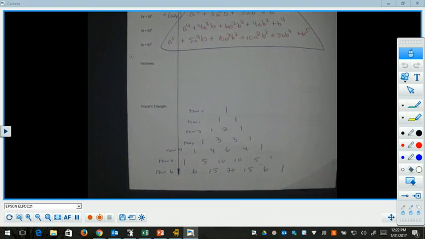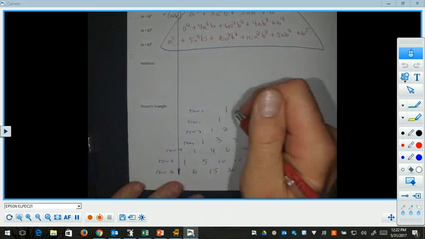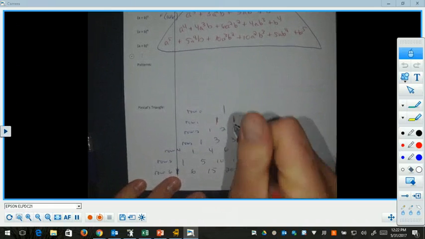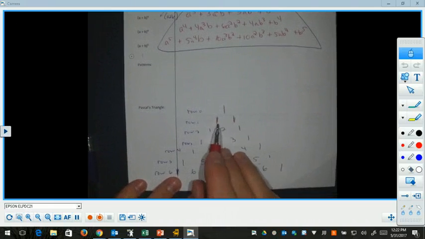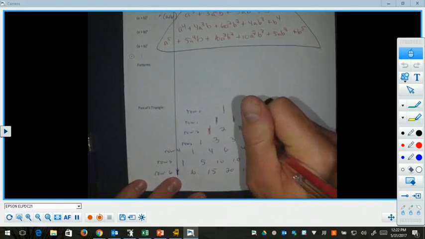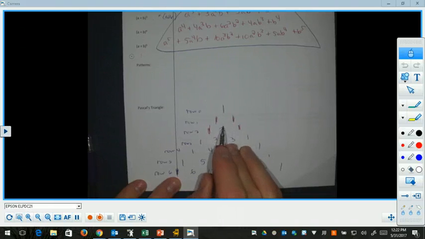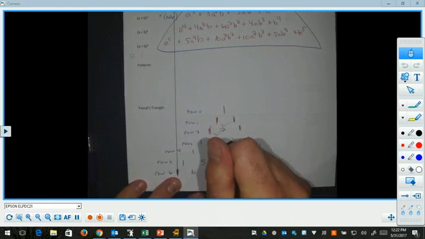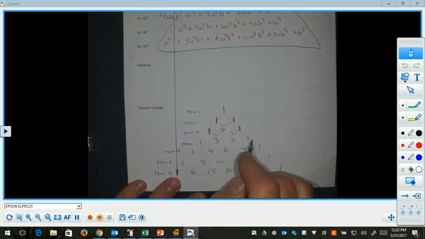But there's Pascal's triangle, and to obtain it, we can start with a 1 here, and 2 1s. It actually starts with a triangle of 1s, and then to get the next row, you put a 1 on the outsides, and you add the 2 numbers above to get the number in the middle. Then I add these 2 numbers to get a 3, and I put 1s on the end.